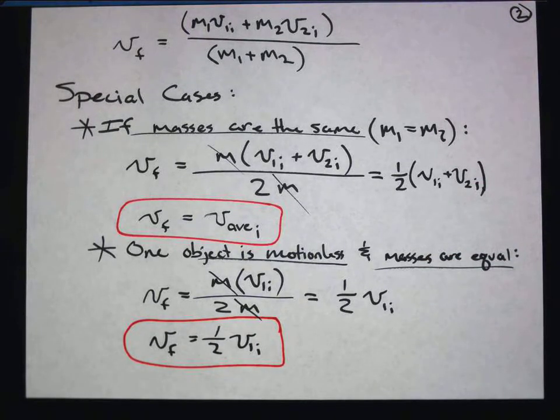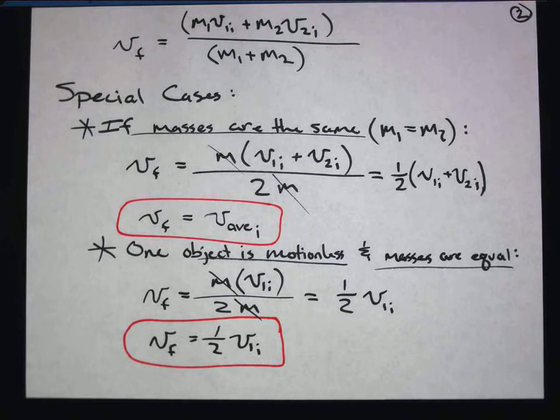Okay. What I'd like to do next is work through an example of a problem dealing with an inelastic collision for you, and I'd like you to see in this problem that we will work with the conservation of momentum to find a final velocity.